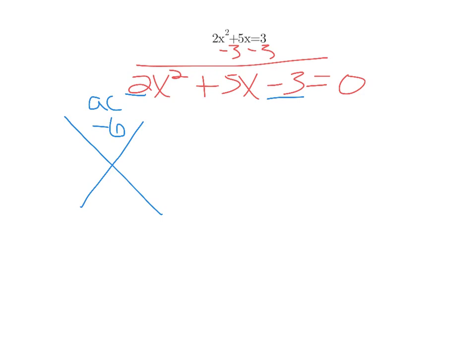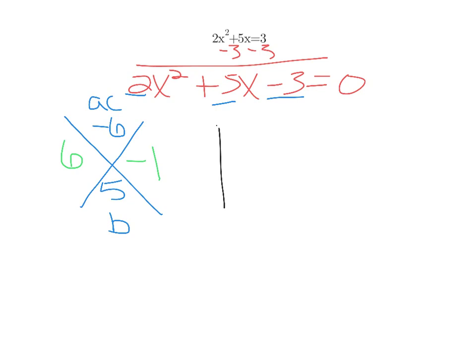And in the bottom part of my diamond, I put the value of b, or the coefficient in front of the x term, 5. Now I'm going to look for values that multiply to negative 6 and add to 5. After testing several, I found out that I would multiply together 6 and negative 1 to equal negative 6, and 6 plus negative 1 equals 5.